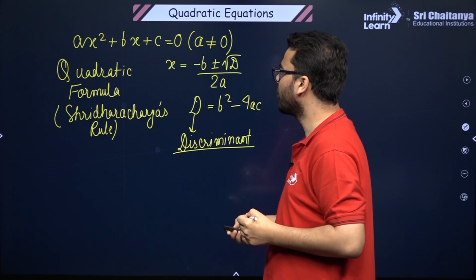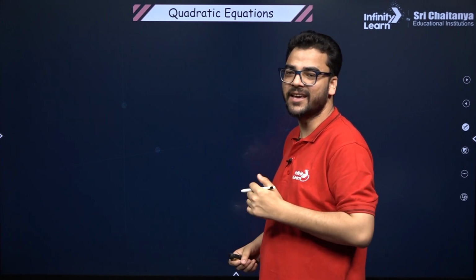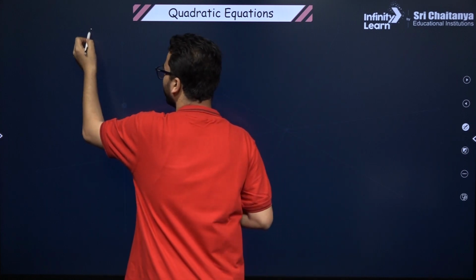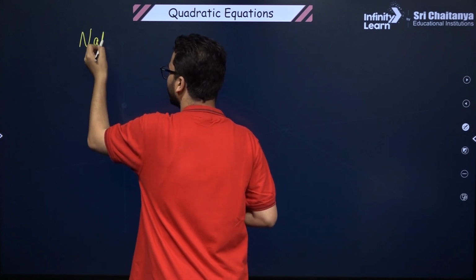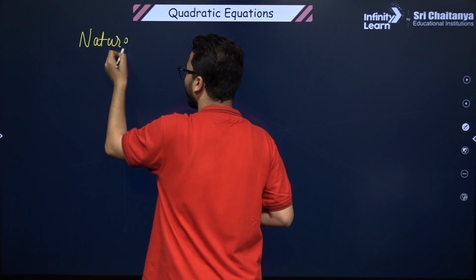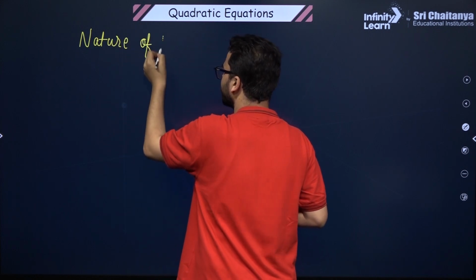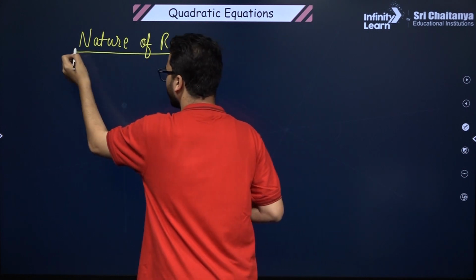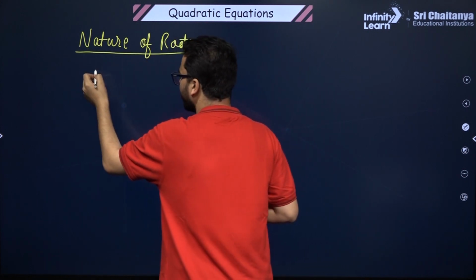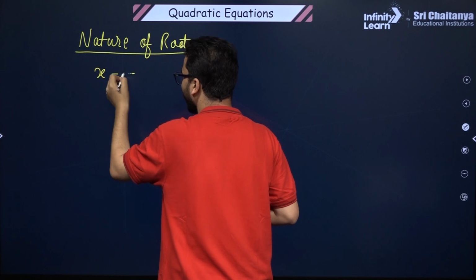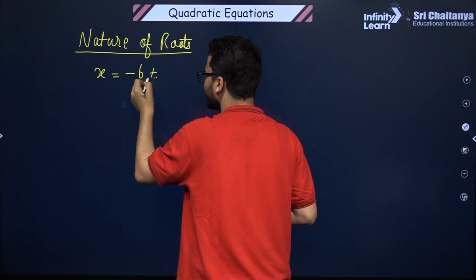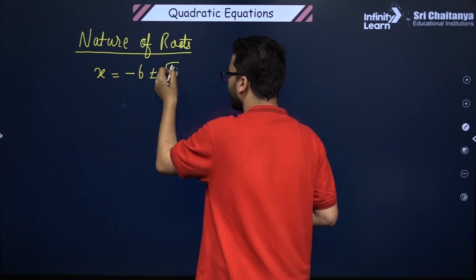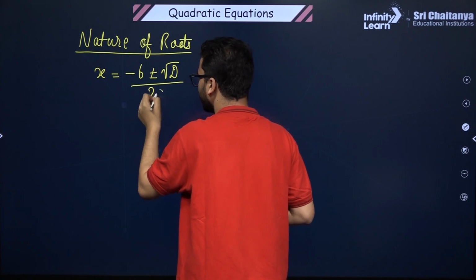Now in this chapter quadratic equations, one more thing is there, that is nature of roots. Although this is not a very different formula, you will use it in questions basically. Nature of roots. So x is equal to minus b plus minus square root of d upon 2a, guys.